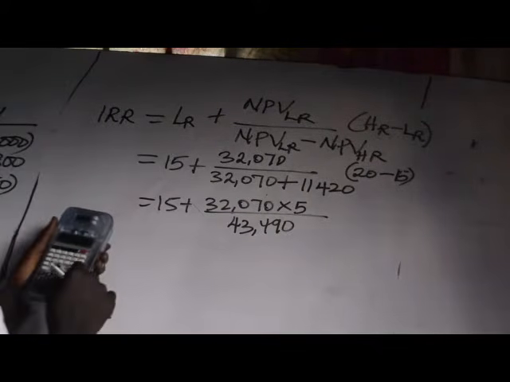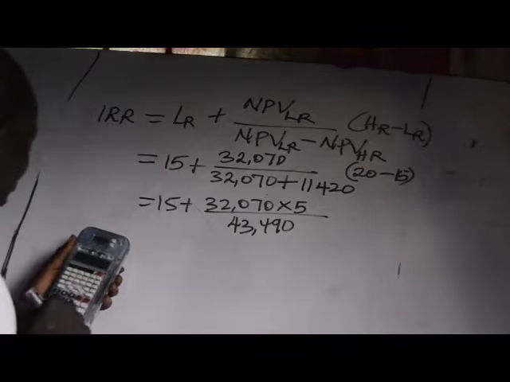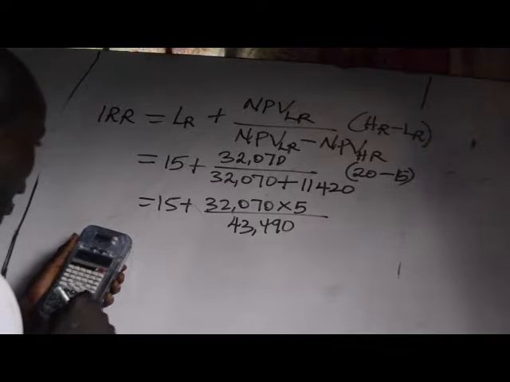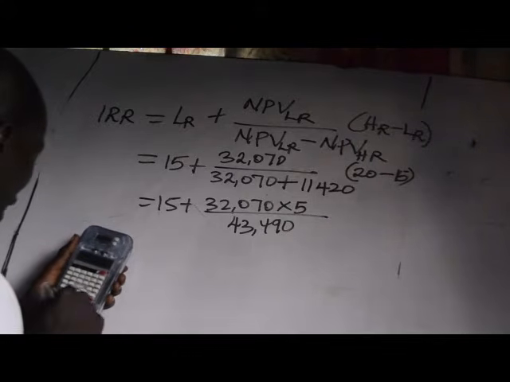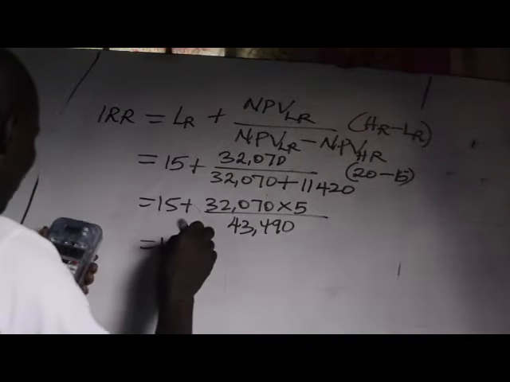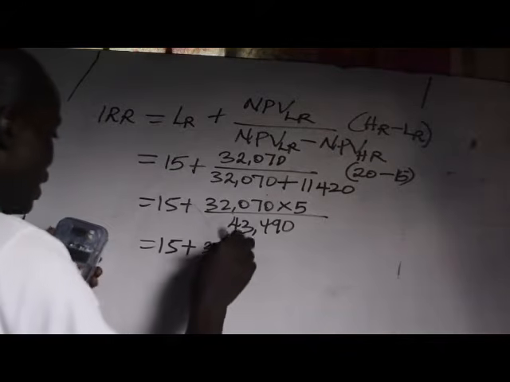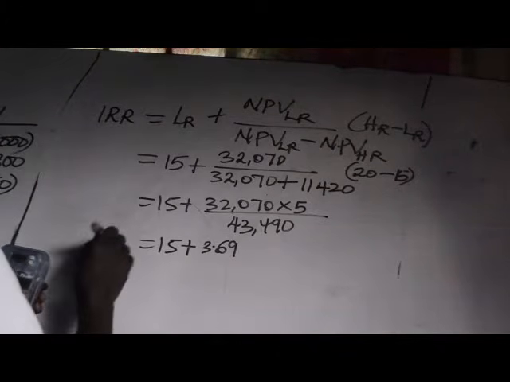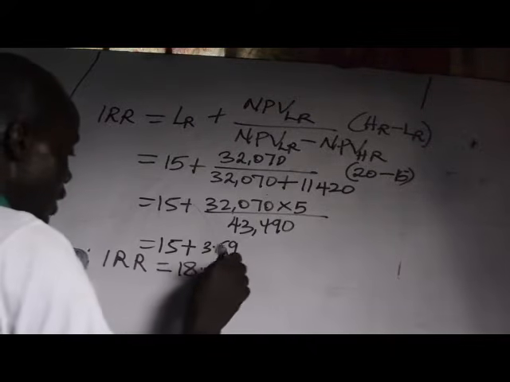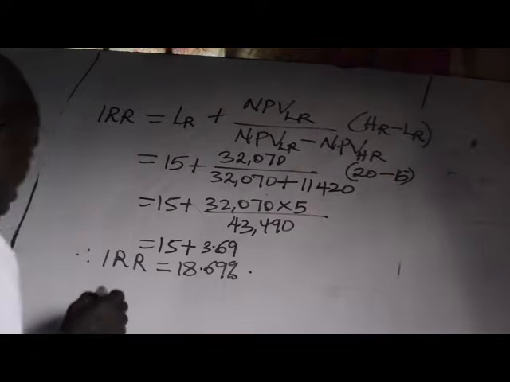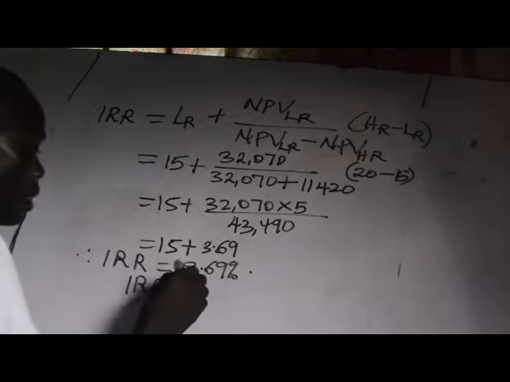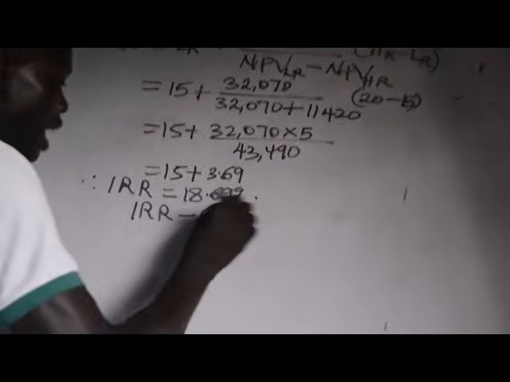So if you have 32,070 times 5 divided by 43,490, we have 15 plus 3.69. When you sum it up, our IRR, internal rate of return, is 18.69%.